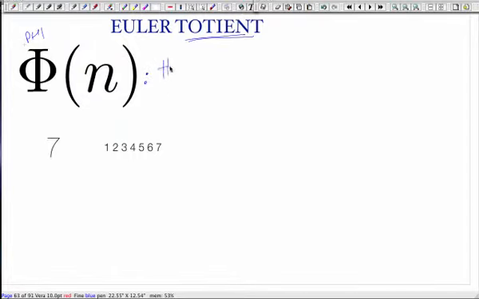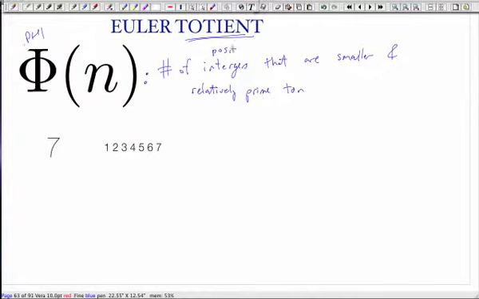Phi of n is the number of positive integers that are smaller and relatively prime to n. So for example, let's figure out what phi of 7 is going to be.